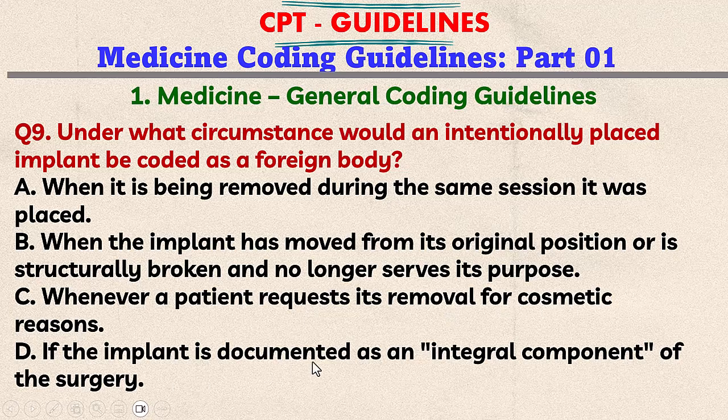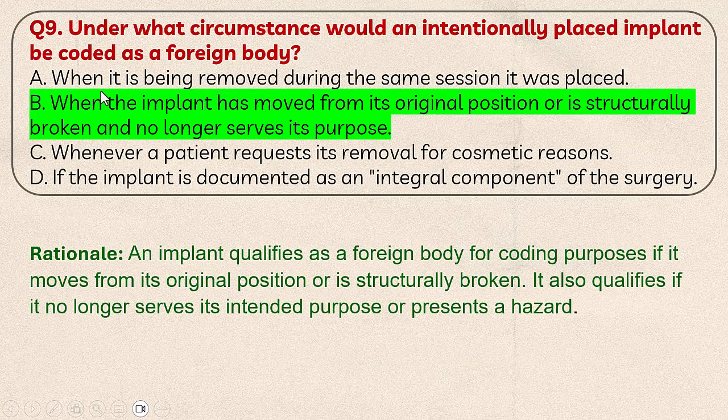D. If the implant is documented as an integral component of the surgery. Think the answer. The correct answer is B. An implant qualifies as a foreign body for coding purposes if it has moved from its original position or is structurally broken. It also qualifies if it no longer serves its intended purpose or presents a hazard.